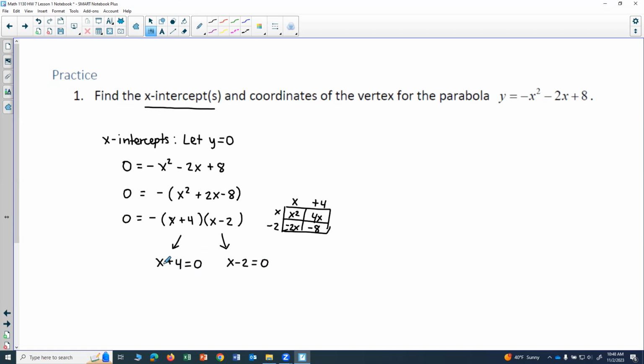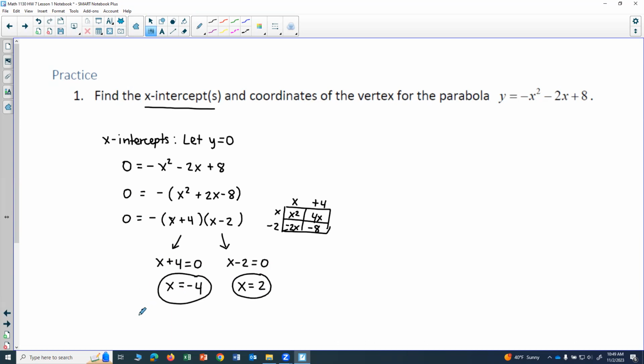Then go through and solve. This would be x equals negative 4 because I have to move that 4 over to the other side. And x equals positive 2 because I would have to add 2 to both sides in order to get the x by itself. So that will give me my two x-intercepts.